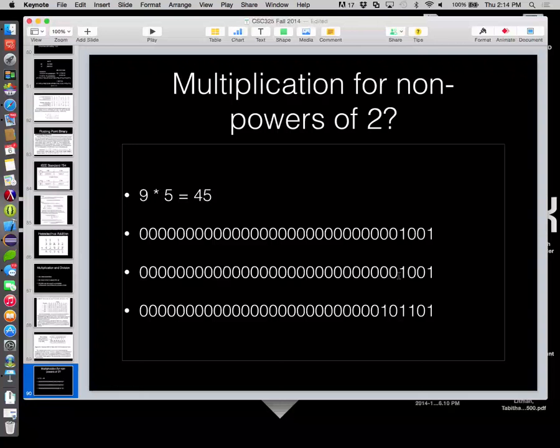So we'll shift it once, and we'll shift it twice. 1's place, 2's place, 4's, 8's, 16's, 32's. So this is 32 plus 4, which is 36, which is 9 times 4. So we're good there, right?